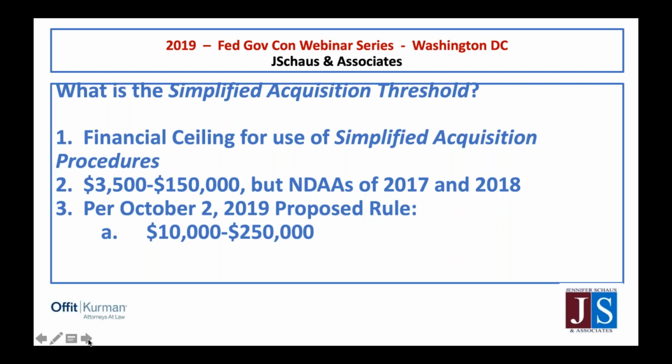The estimates identified in the basis for raising the rule indicated that hundreds of millions of additional dollars would have been spent by government agencies using simplified acquisition procedures between 2015 and 2018 had the levels been raised up until that point. So there is an anticipation that the heightening of the threshold levels will have quite an impact in terms of dollars spent. Mallory, if you could advance the slide.